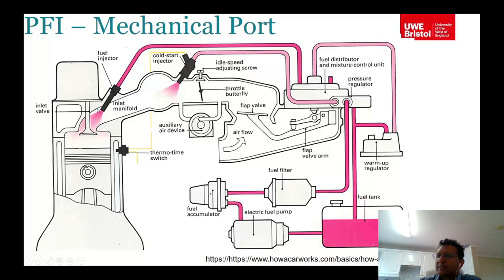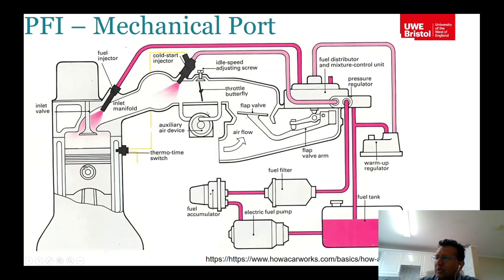So that's your inlet manifold. That's your inlet airflow system. So you have the throttle body, and in here, what you can see is the injector is operated using a flap valve.